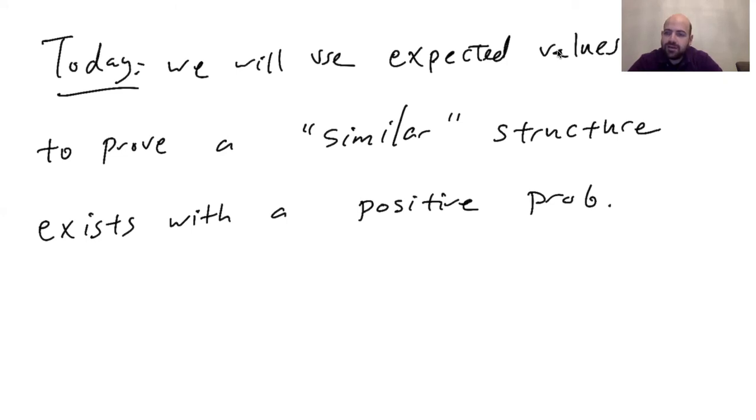But this time we will see that in some cases we cannot prove the existence of the structure that we are looking for exactly, but we can prove existence of a structure with a similar property, and then we will modify it in a deterministic way to get the structure that we need.